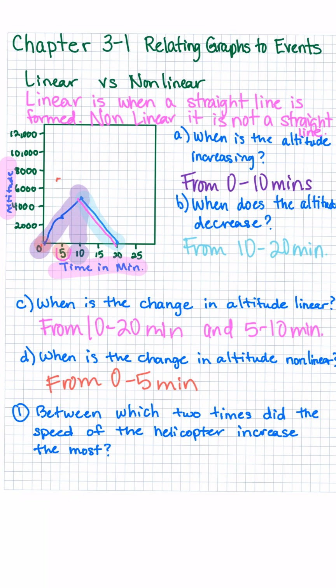So that first one was 3,000. And then from 5 to 10, that increased from 3,000 to 5,000. So that was only a 2,000 increase. So it says at which two times did the speed of the helicopter increase the most? From 0 to 5 minutes.